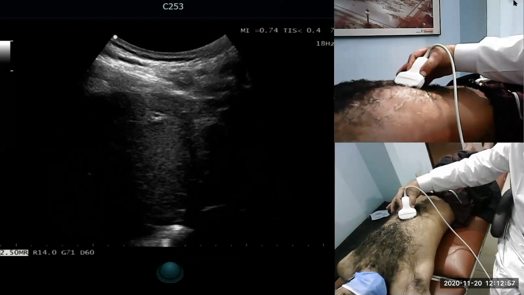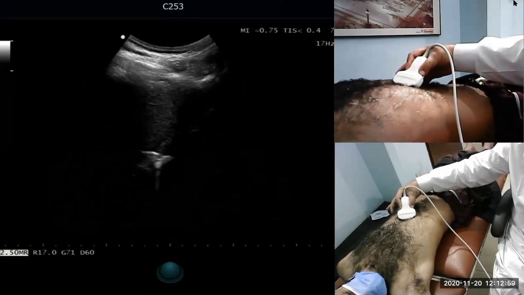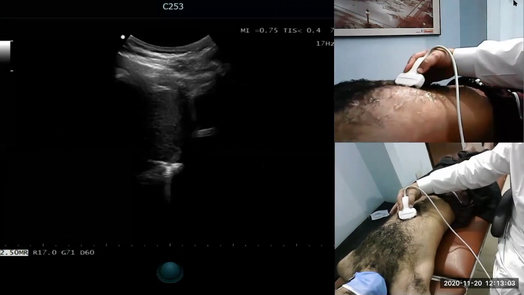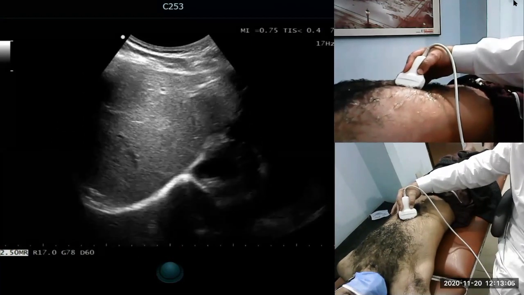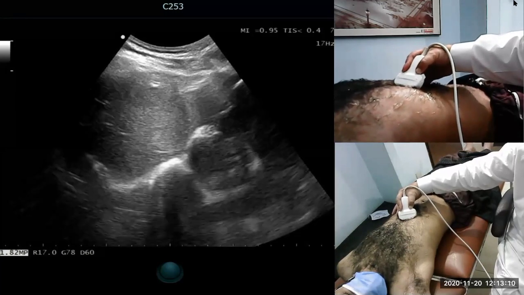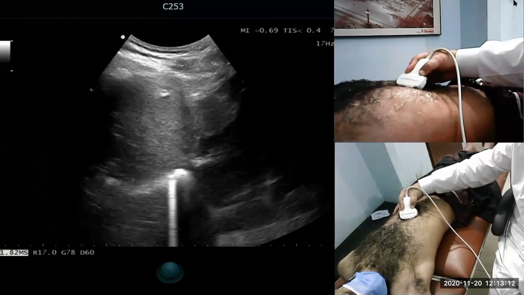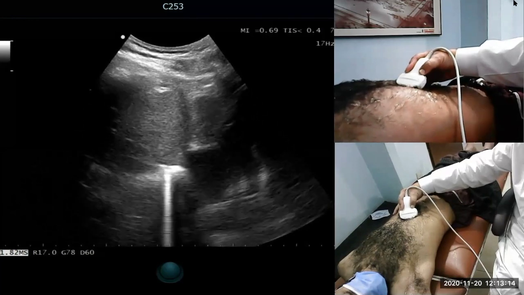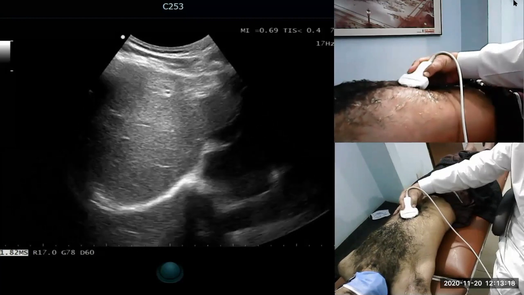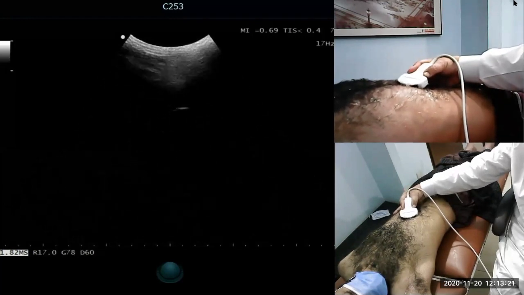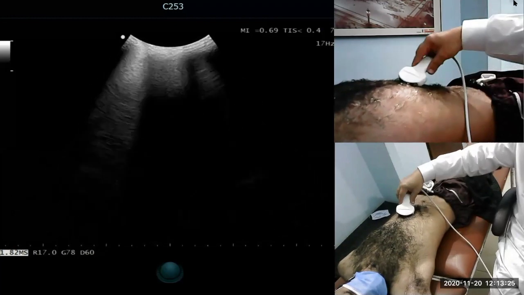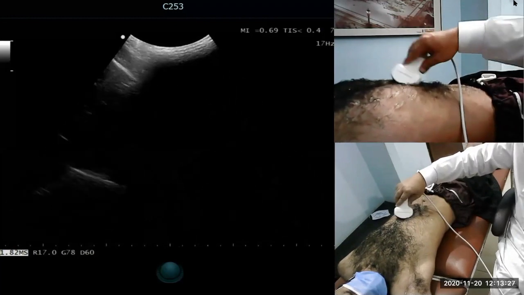So you see, in order to take a cross-sectional sweeping scan, if you find a patient very fatty and it becomes difficult for you to see the liver properly, I would then advise my trainees that if keeping your hand behind the probe becomes difficult, you can always place the probe like this.